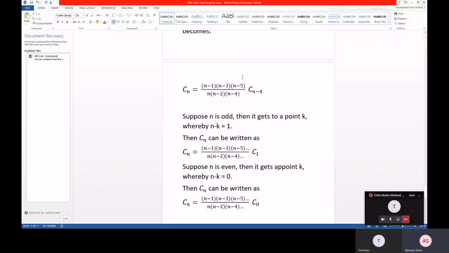Can you see my screen now? But we won't evaluate this. Yes. Unless... You can't see my screen.